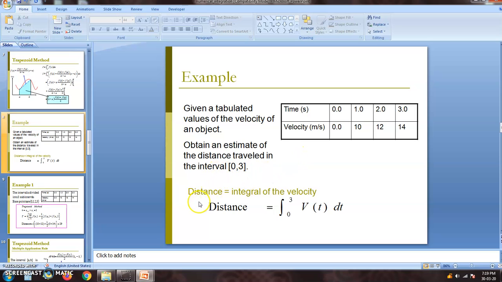We understand that distance is an integral of velocity, so it can be written as the integration of velocity with reference to time, calculated in the range of 0 to 3, which is the given interval. This distance can be calculated by an analytical formula like this. But since we can't use this analytical formula, we need to use these data points which are available, using the trapezoidal method.